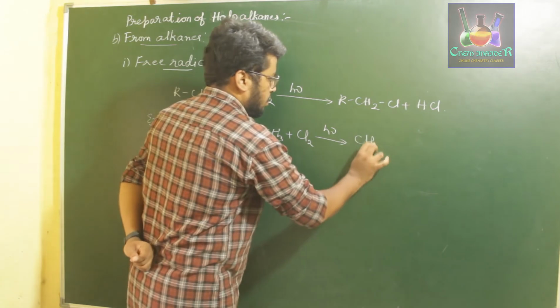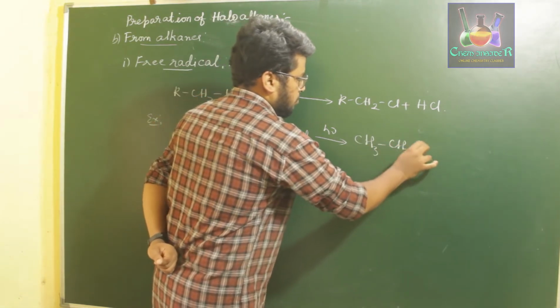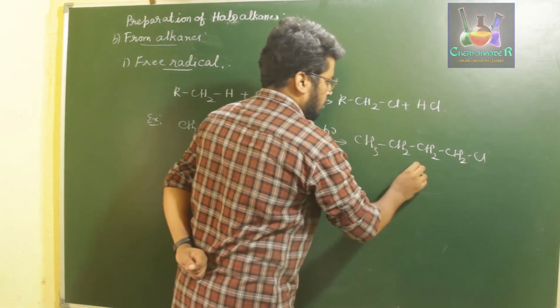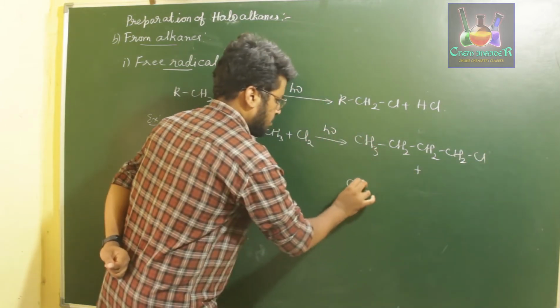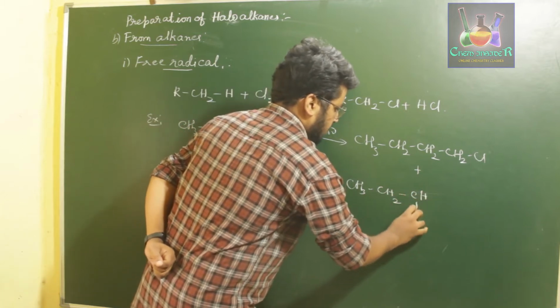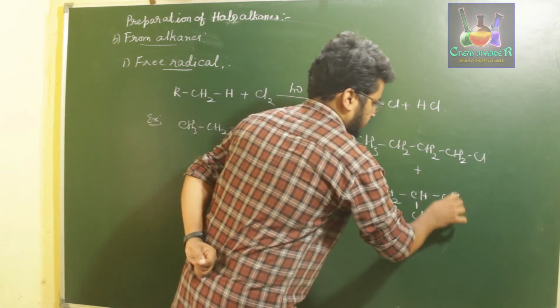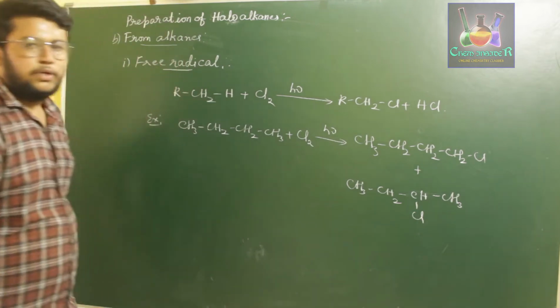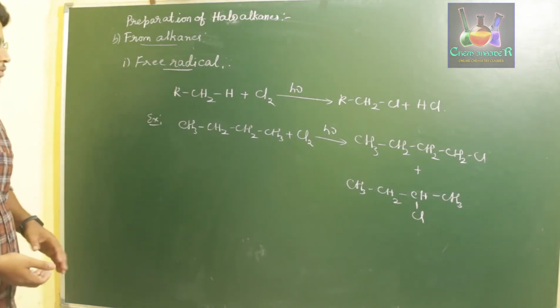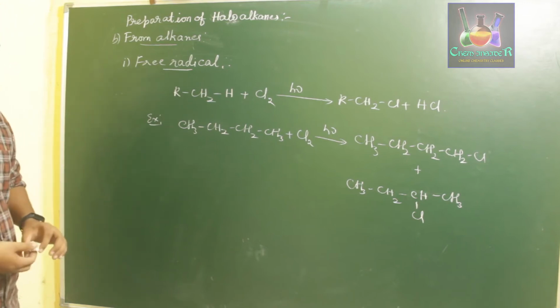So CH3CH2CH2CH2Cl plus CH3CH2CHClCH3. So these are the two types of products which can be obtained when we treat chlorine with n-butane. So we have two isomers.